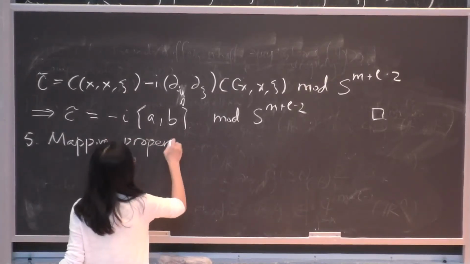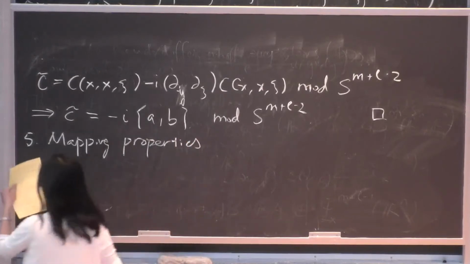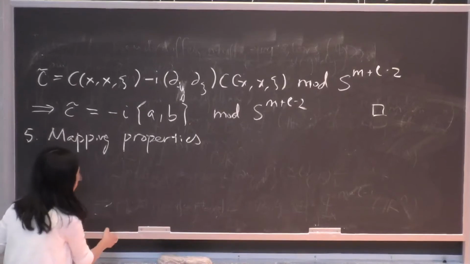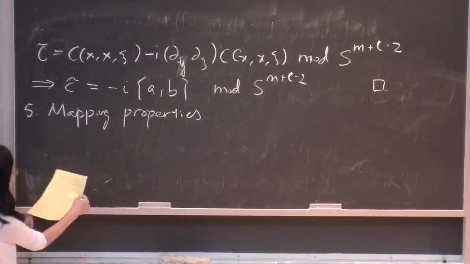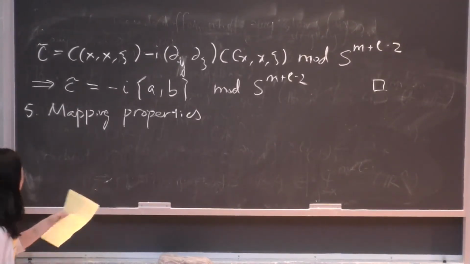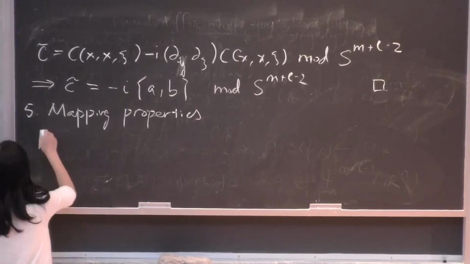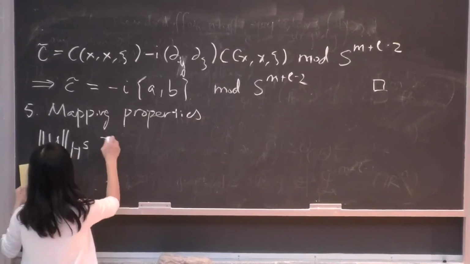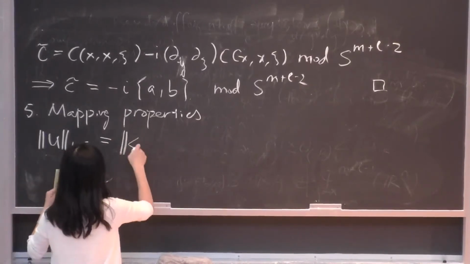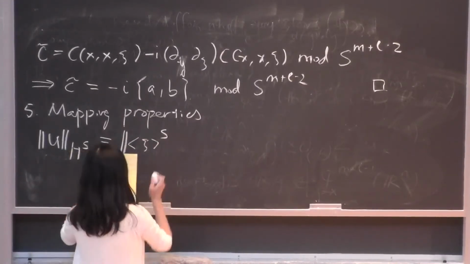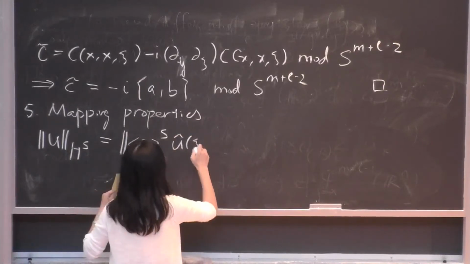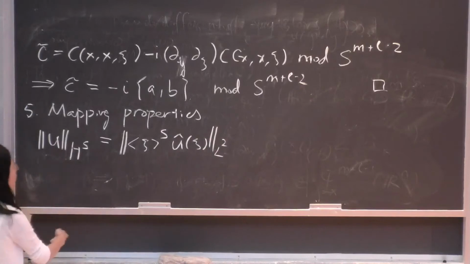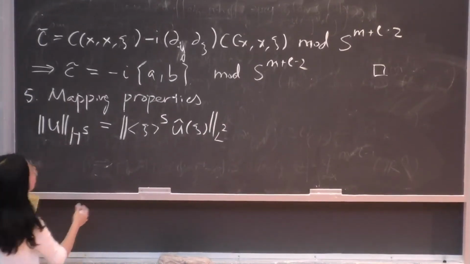One important thing is that they have bounds when acting on Sobolev spaces. Let me define the Sobolev spaces as the completion of the Schwartz space under the H^s norm. That's just a recall: the norm of u is the L2 norm of ⟨ψ⟩^s û. I can define it for any s.